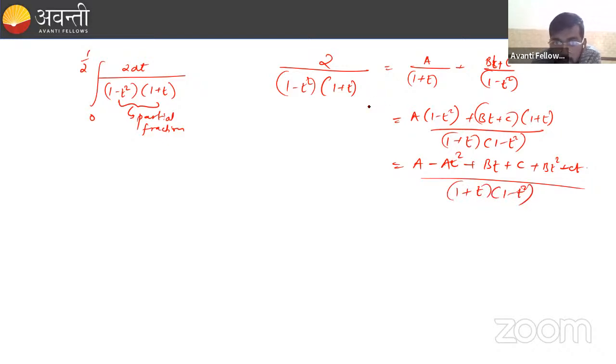What we will do here is compare the constants and coefficients. We are getting a plus c equals 2, these are the constants. Coefficient of t is b plus c, so we get b plus c is 0, and coefficient of t square is also 0, so we get b minus a equals 0, so b equals a.